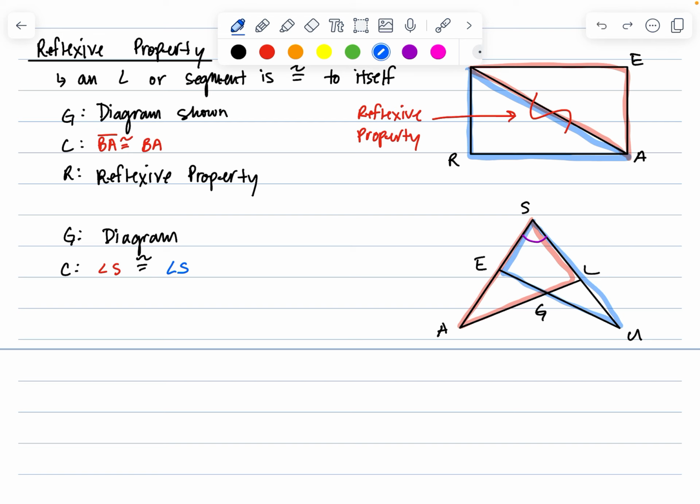You could draw them separately if that helps. For instance, the blue one would look like this, and the red one would look like this if you separated them. And this angle here at the vertex would be congruent to itself, okay? So the reason here would be the reflexive property.